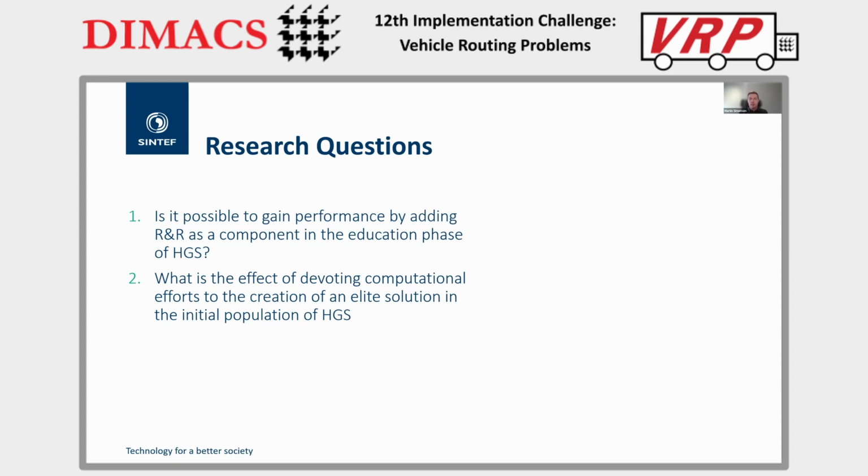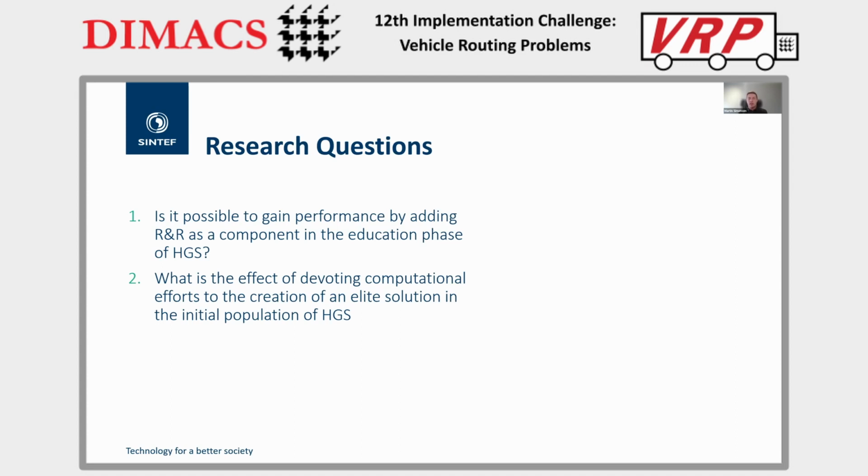If you spend more time improving a single solution, you're more focused on exploitation compared to giving the genetic algorithm more iterations to evolve the population. And the second question was, what is the effect of devoting computational effort to the creation of an elite solution in the initial population of HGS?